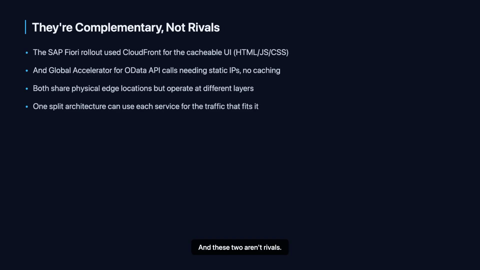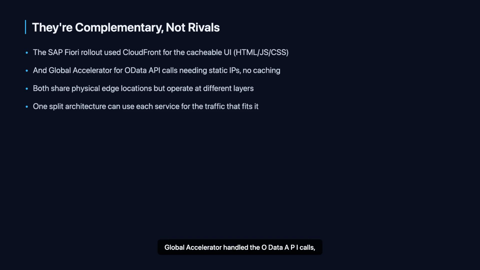And these two aren't rivals. Amazon Web Services published a real SAP Fiori rollout that used both at once. CloudFront accelerated the Fiori interface because the HTML, JavaScript, and CSS assets are cacheable.